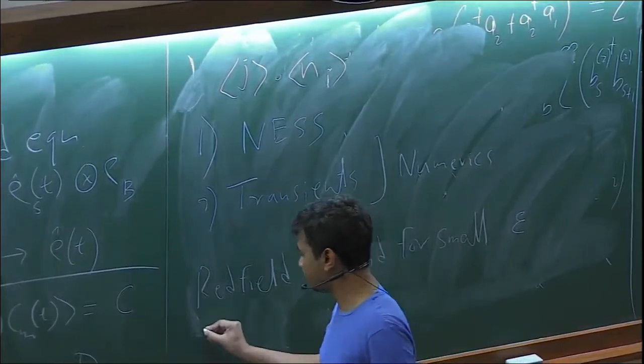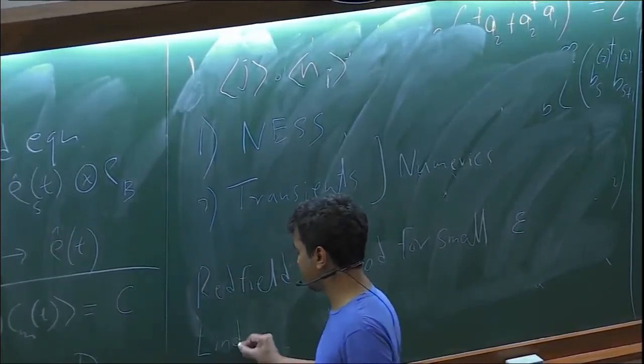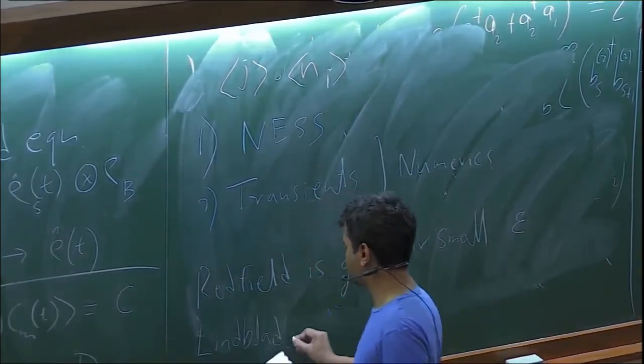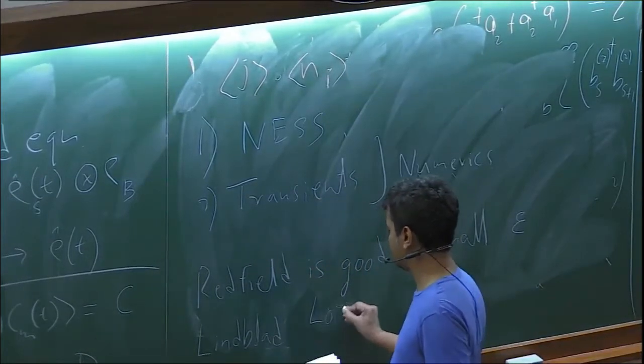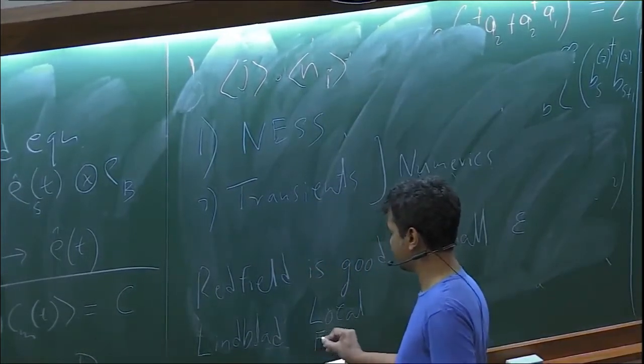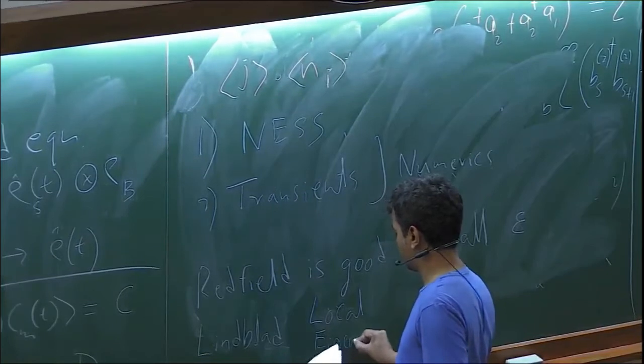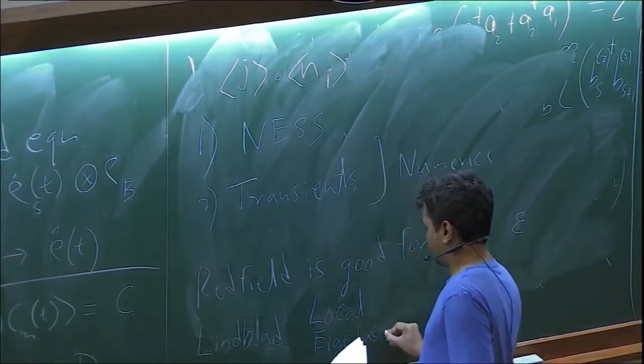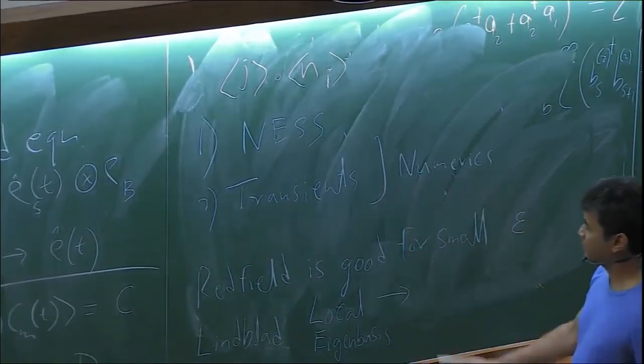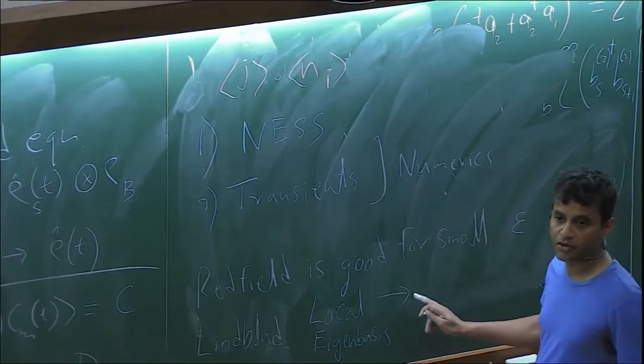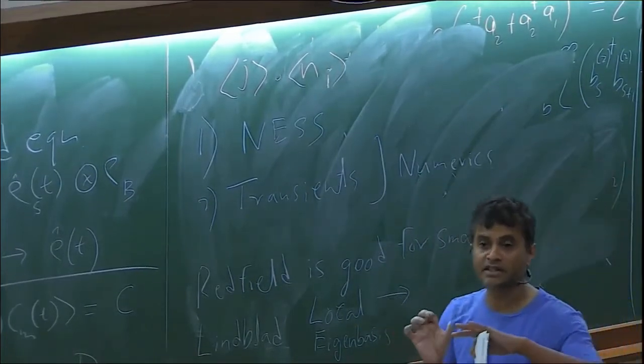On the other hand, Lindblad, there are various versions of Lindblad, and the two popular versions are called local and eigenbasis Lindblad. Now this one is good only when the coupling within the system is very small.